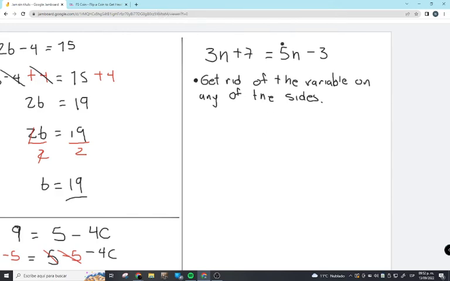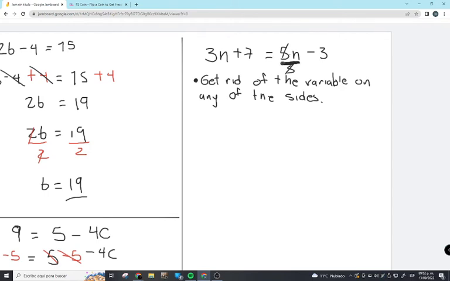Okay, so how do we get rid of this 5n? And you may say, teacher, here this 5 is multiplying, so let's divide. But no, because what will happen if you divide this? 5 divided by 5, you leave the n alone. Yes, you got rid of the 5, but you are still having a variable, and actually this is not permitted because you only did it on this part.